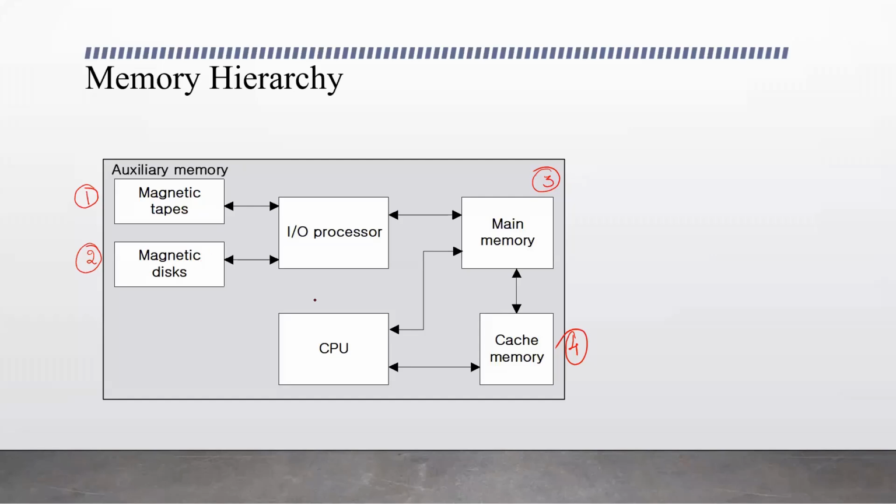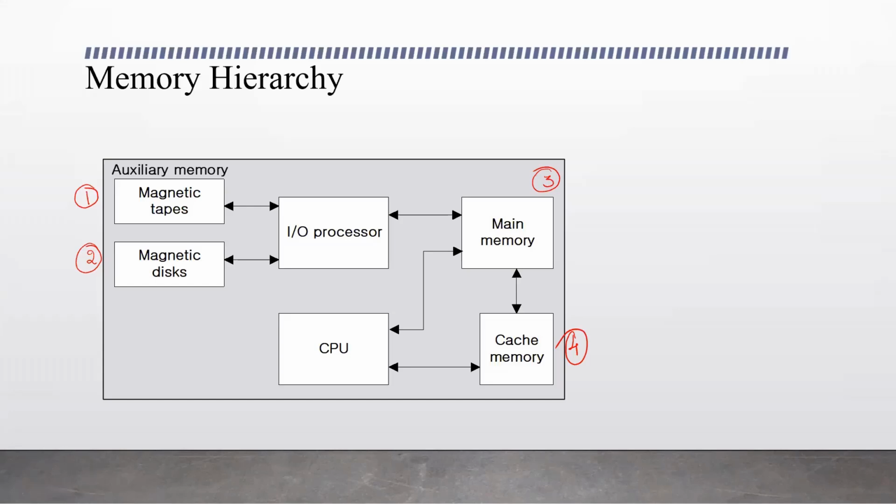When the CPU executes those programs, that portion of the program is brought to main memory, because main memory may not have space enough to store such large data files or program files. Whenever the CPU wants to execute those programs and use the data, they are brought to main memory, and once the process is over, they are sent back to auxiliary memory for storage.